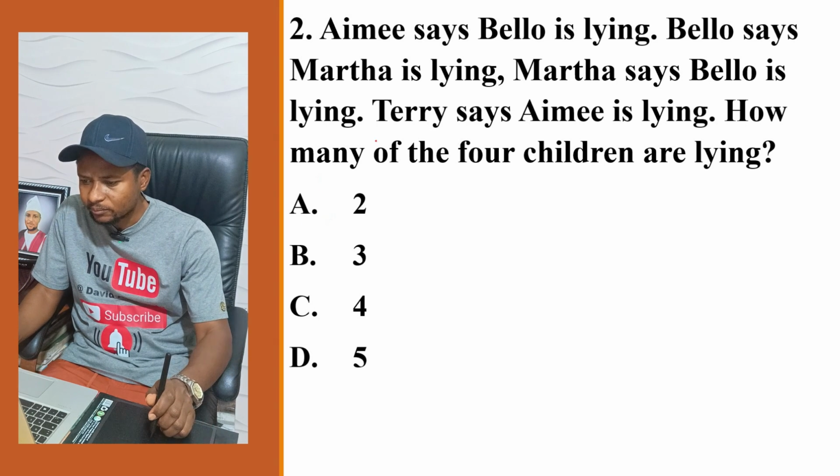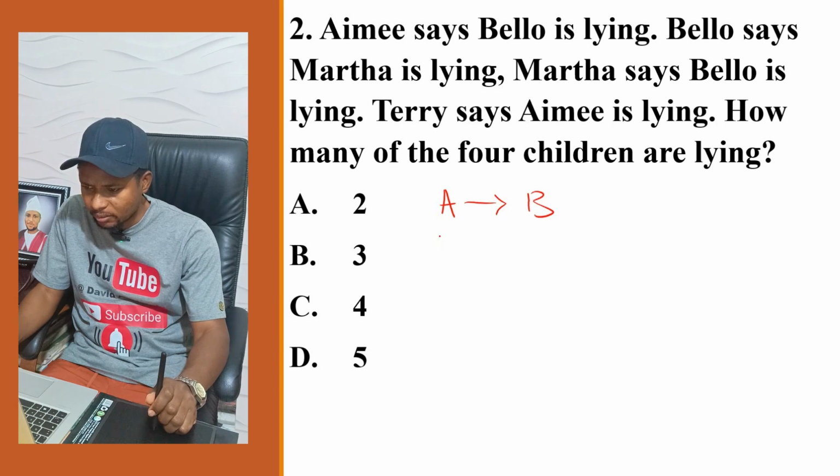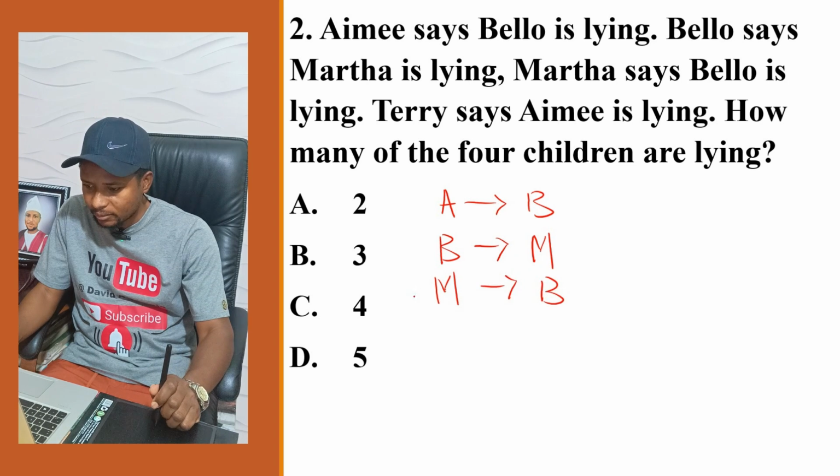Number 2. Ami says Bello is lying. And Bello says Martha is lying. Martha says Bello is lying. Terry says Ami is lying.